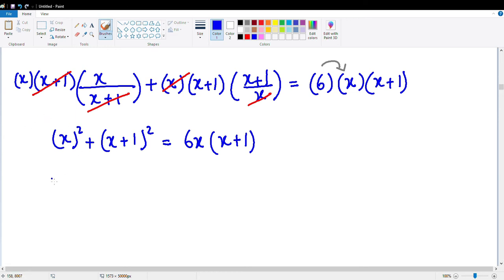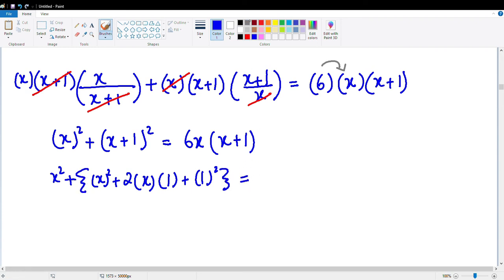Now over here on this side, opening this formula, we'll get x squared plus 2x into 1 plus 1 squared. And yeah, let's just solve this first. So then we have the 6x on the other side multiplying with x. So when 6x multiplies with x, we'll get 6x squared. And when 6x multiplies with 1, we'll get plus 6x.